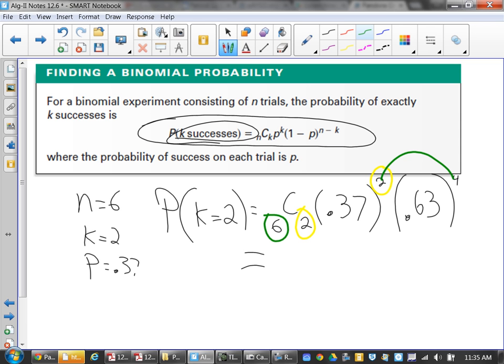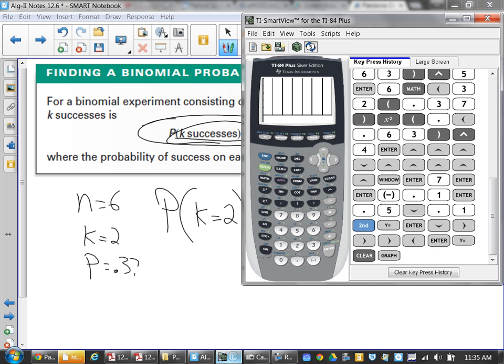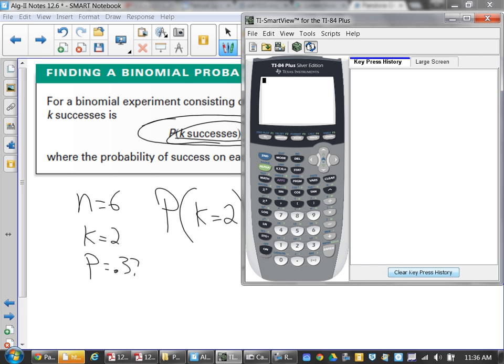Calculator. What if I just threw in the calculator? 6, math, left, 3, 2.